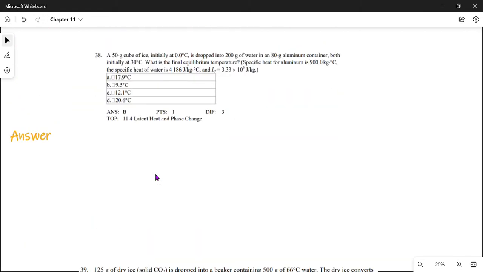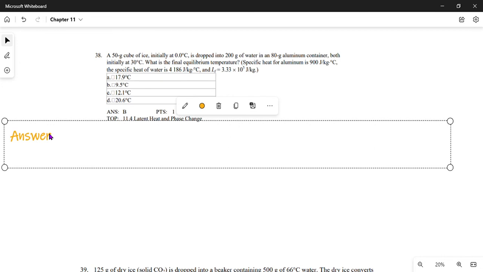Question number 38. The ice here will face a phase change and temperature change, the water will face just a temperature change, and the aluminium will face just a temperature change. The water will stay water, and the aluminium will stay aluminium in the solid state, as it is a container, and the ice will be converted to water.